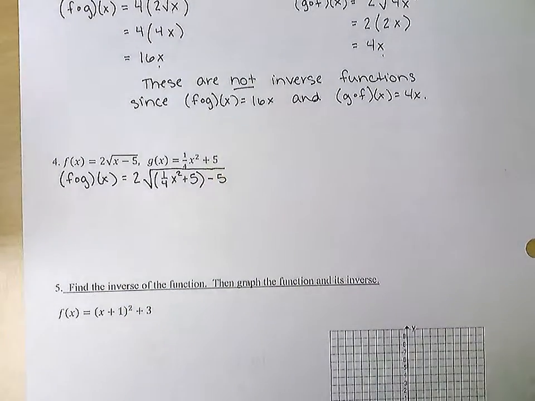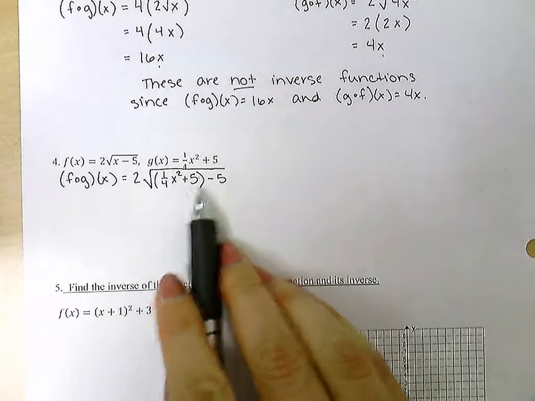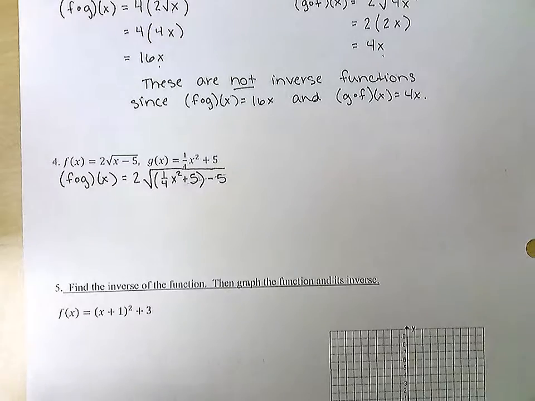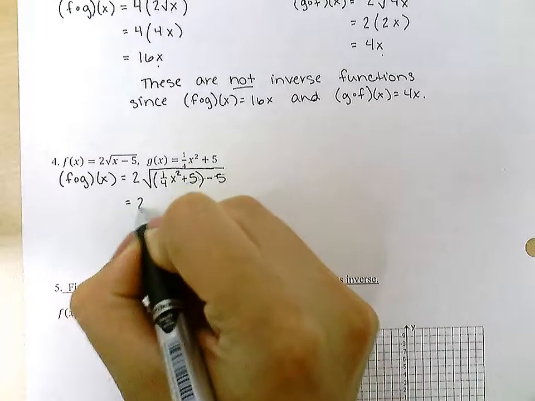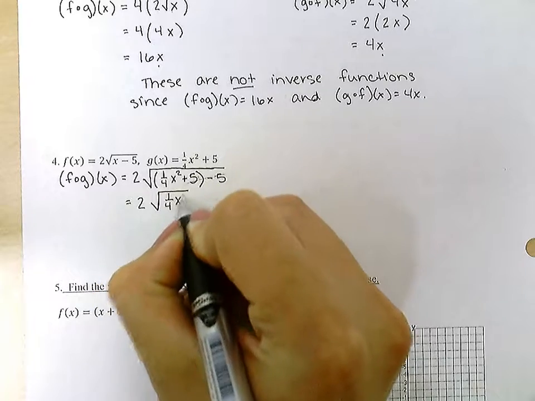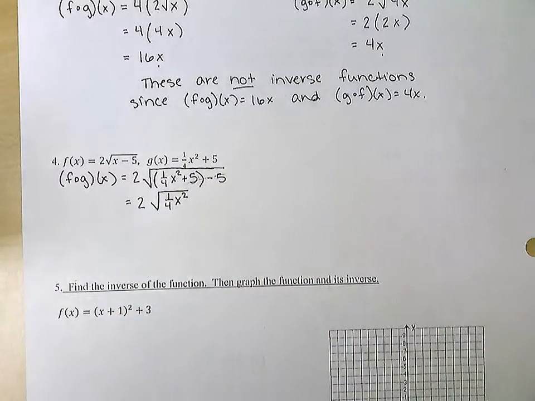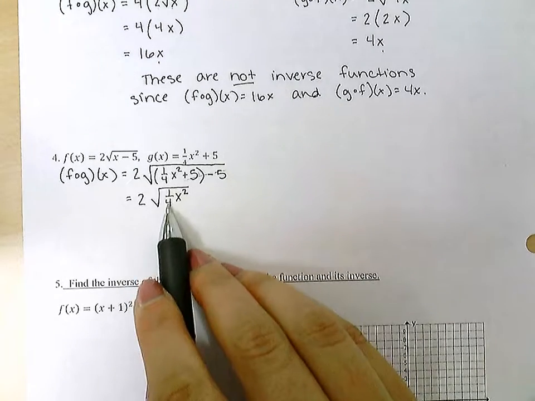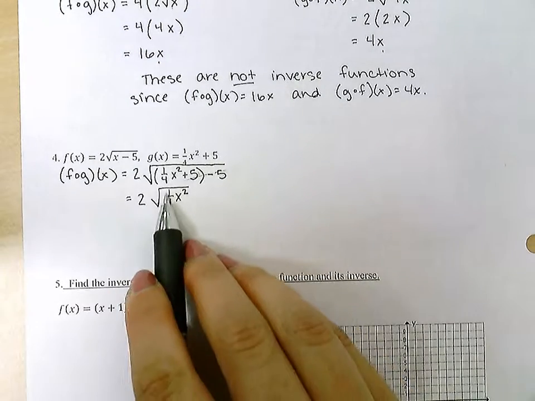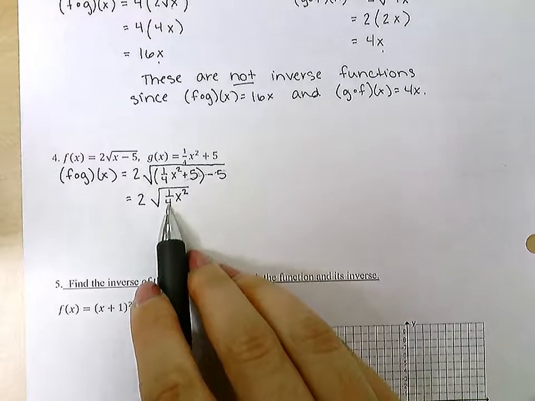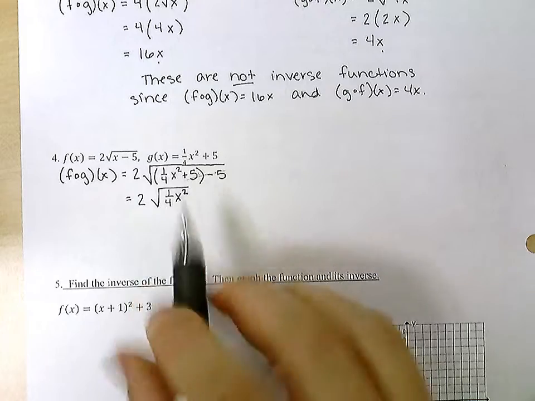So again, simplifying here, I have this plus 5 and this minus 5 that will just cancel out. Okay, they zero out there. So I have 2 times the square root of 1/4 x squared. Now when I have this square root of 1/4 here, I can take the square root of 1, which is just 1, and I can take the square root of 4.